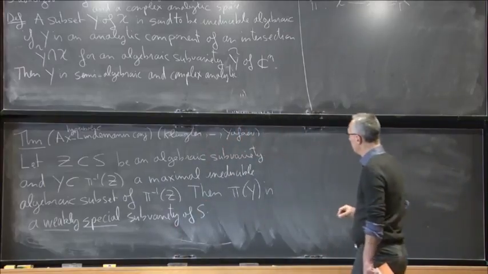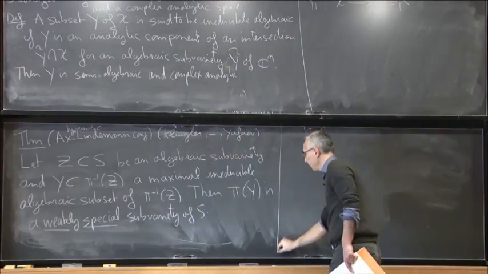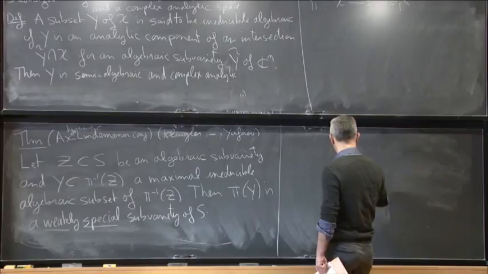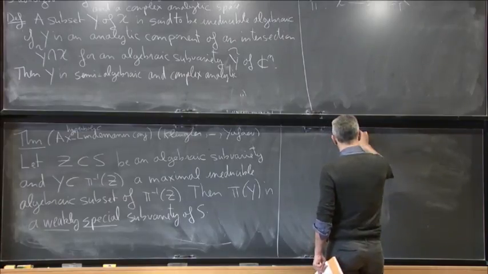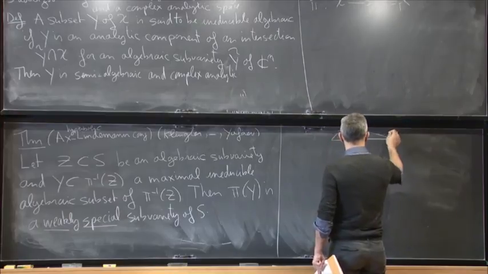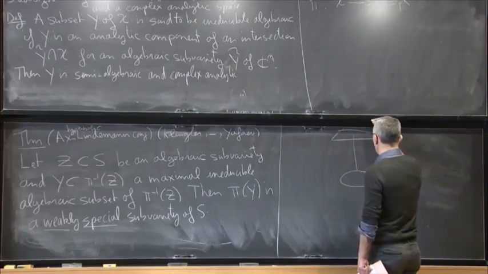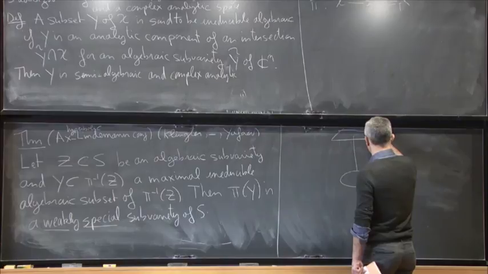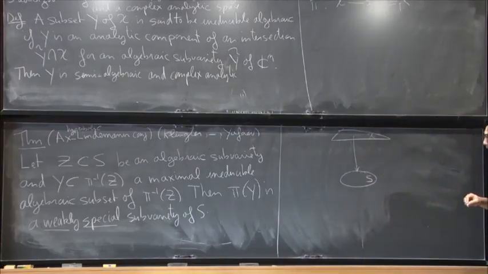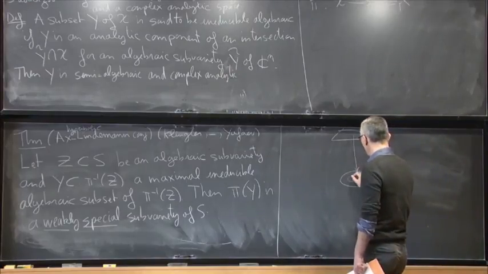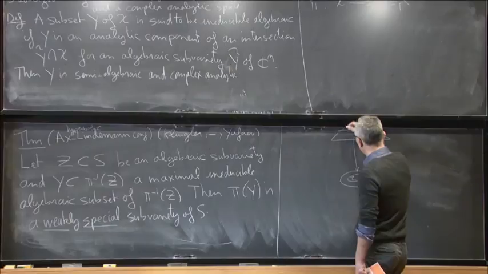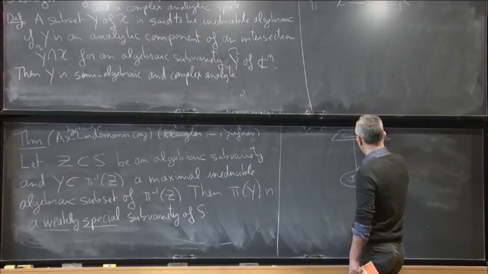If I draw a picture, I have my Shimura variety S, and it's uniformized by some bounded symmetric domain. And I start with a subvariety Z. I take the inverse image.